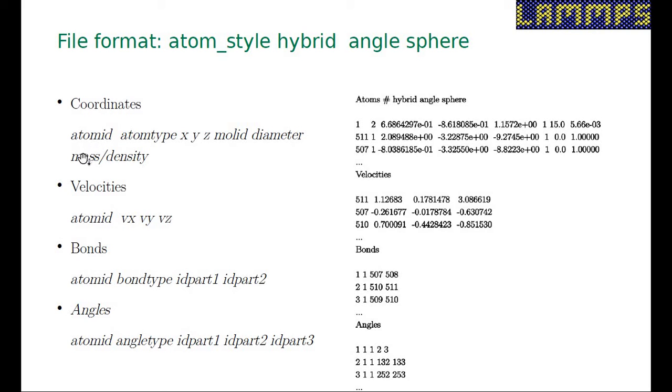and the mass or the density. Here we can use the density for the spherical particles. So in this case, this particle is spherical, and then we use the density. But for the angle or the bond particles, this is just the mass.